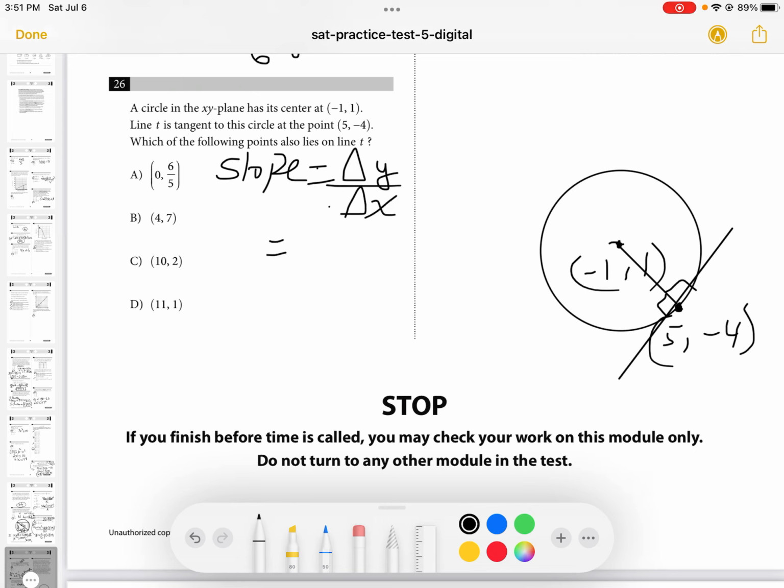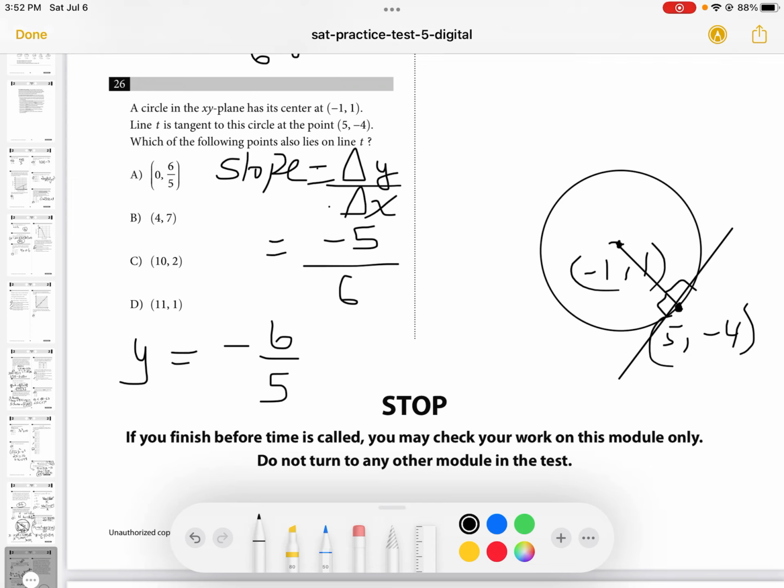From negative 1, 1 to 5, negative 4, y has gone down by 5 units, but x has increased by 6 units. So the slope of that radius is negative 5 over 6, which means the slope of the tangent line is negative 6 over 5, because perpendicular lines have negative reciprocal slopes.